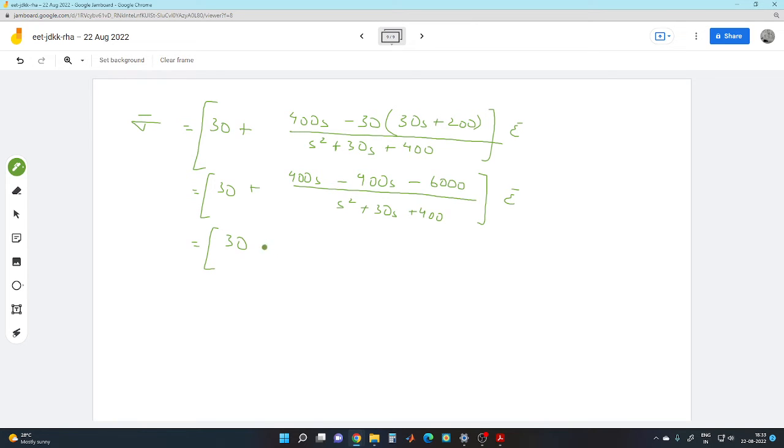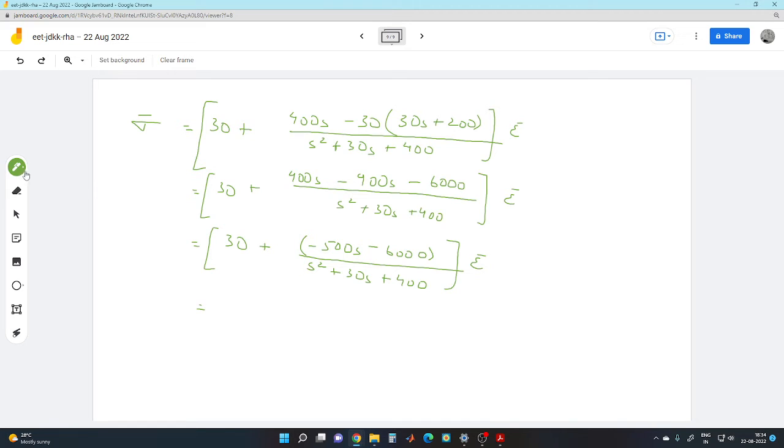This is 30 plus, in numerator we have minus 500s minus 6000, and in denominator we have s square plus 30s plus 400 epsilon bar. So we can factorize the denominator, right? So the denominator is simply a quadratic equation.